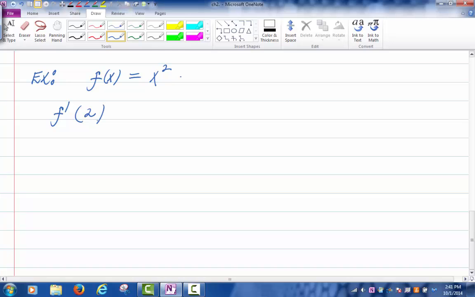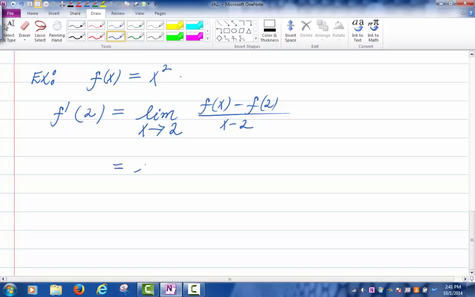So what's the derivative of the function at 2? Well, by definition, it's the limit as x goes to 2 of f of x minus f of 2 divided by x minus 2.